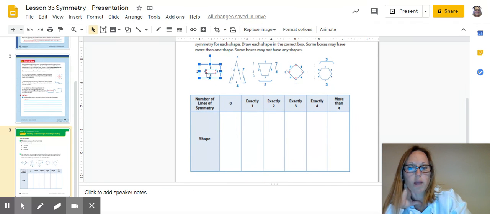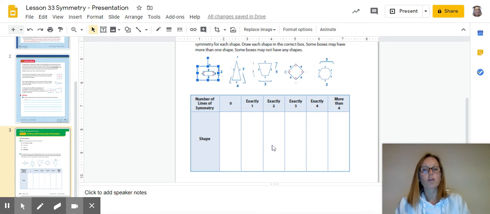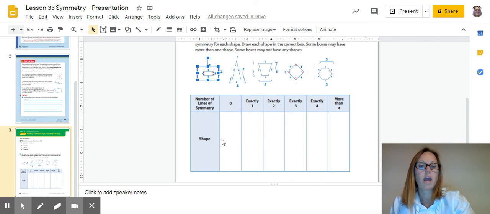So this rectangle right here, I want you to click on it, and then you can actually drag and drop it. So a rectangle has how many lines of symmetry? If you think it's 0, then you put it here. If you think it's 1, you move it and put it here. If you think it's 2, you move it and put it here. So wherever you think it goes, you move it and put it there. If you click on each one of the shapes, you will find that you can drag and drop it. Okay. There might be more than one shape in a column, and there might be some columns that have no shapes.